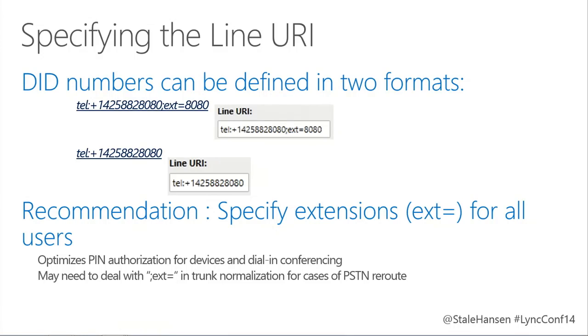And the last one is on your dial-in PIN page. You get a warning if you don't have an extension, and that can generate unnecessary support calls. So that's why you would want to have an extension.